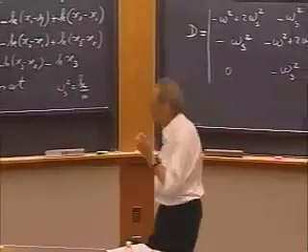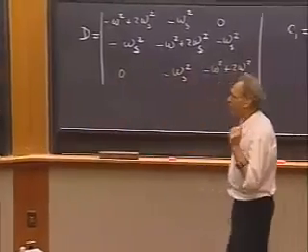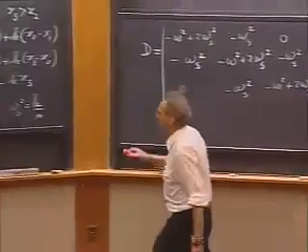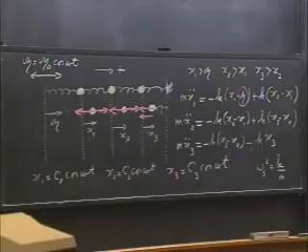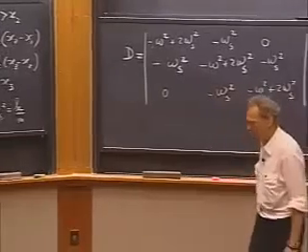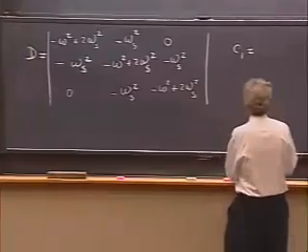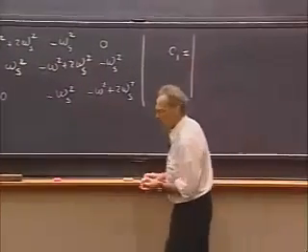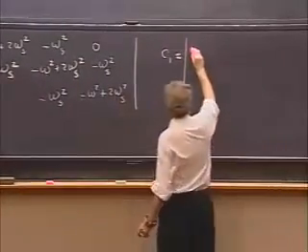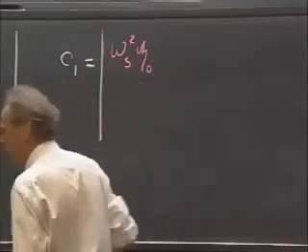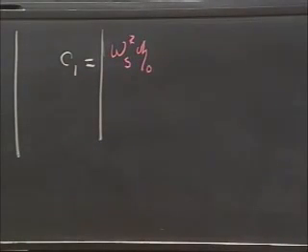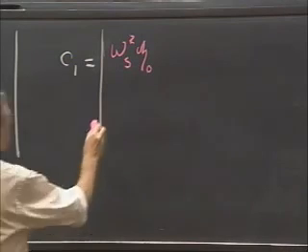And the first column will reflect this eta, because the right side now is not going to be 0, remember, like the double pendulum. And so you're going to get here, in the first column, omega s squared times eta 0. And then you're going to get a 0 and a 0.